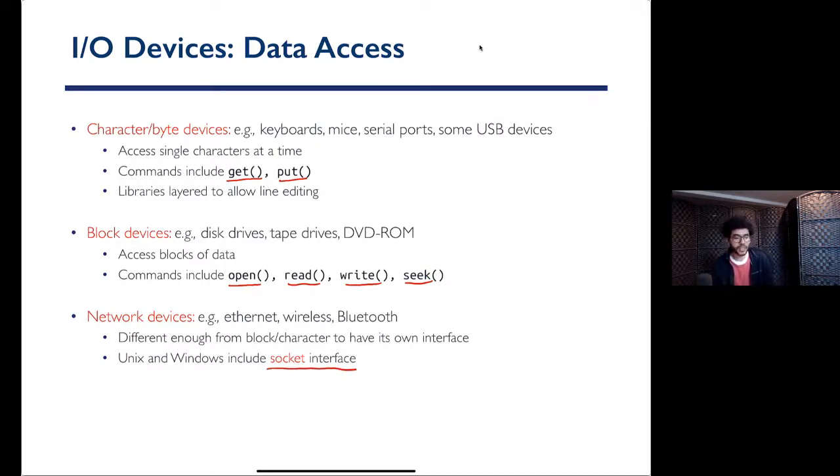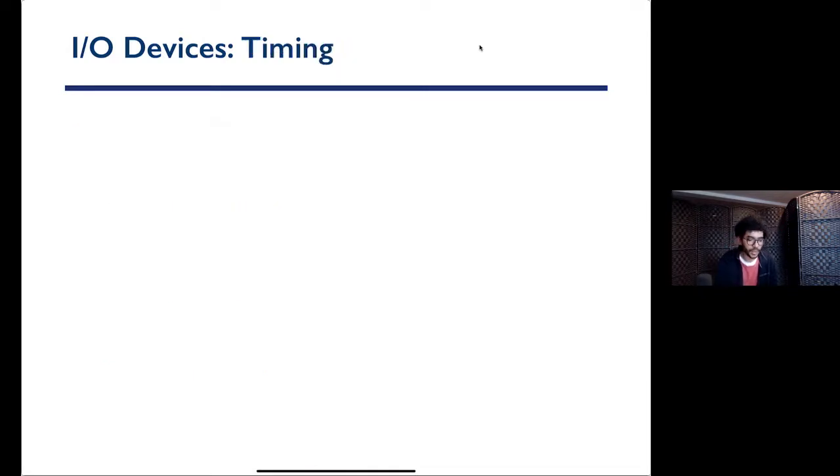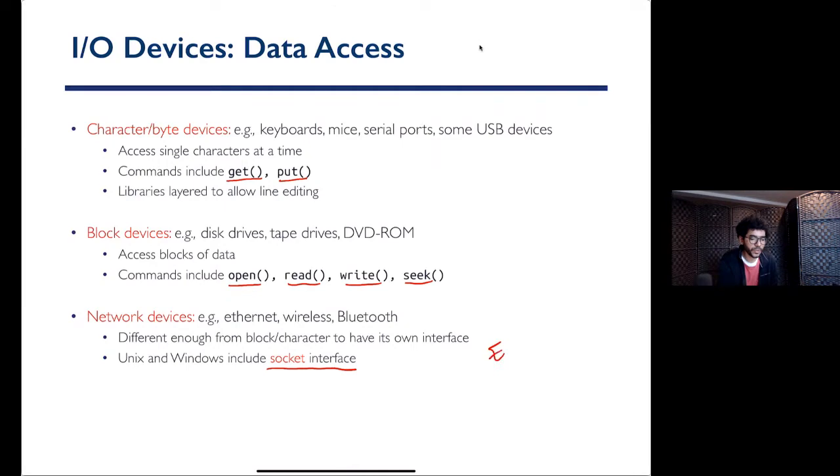Again, unfortunately, we don't get to talk about sockets. This is a topic that is covered in EC 252, which I am pushing for SE to also have a version of it. That's why I'm advocating that you guys also raise this issue.